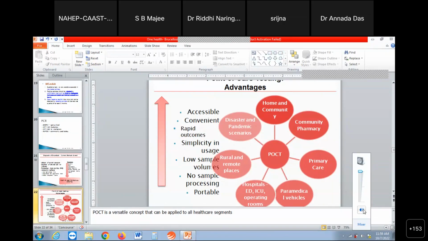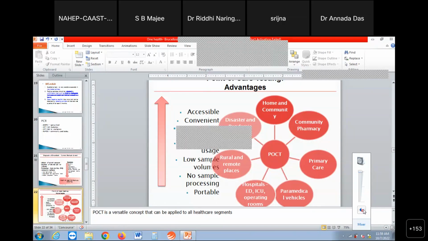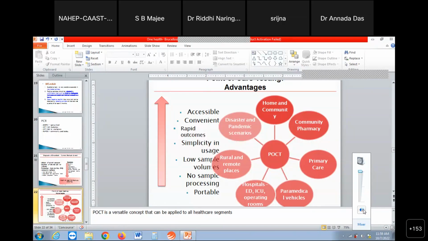So therefore, when you look at the home and community, it is very useful. It can be useful in disaster or pandemic scenarios where you need to go to the field. And also it reduces the burden on the laboratory diagnostician and also on the doctors who are going to remote and rural places where they need themselves to be first protected with PPE. So therefore, in these pandemic as well as in remote scenarios, doctors also are much assisted if we use a lateral flow.